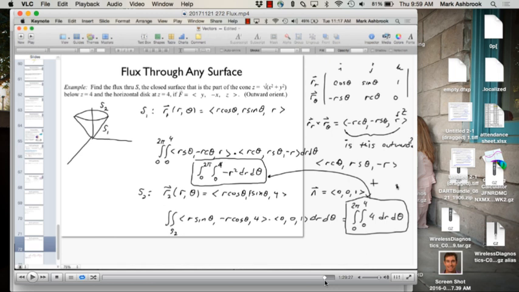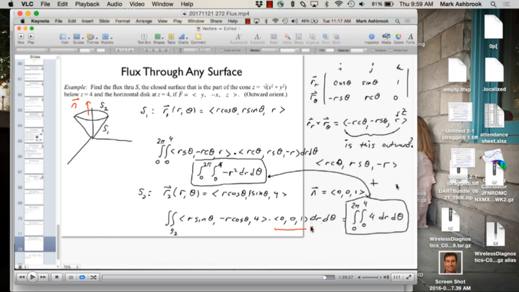But then when we did the top disk, the S2 part, we made that same mistake. We just said n was 0, 0, 1. So right here, here's our n vector, which is pointing up like this, which is correct. But then we left out, if we're going to do this form, F dot n, it's dS, not dA.